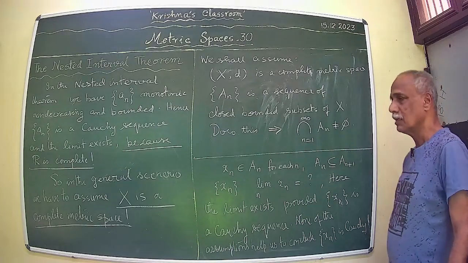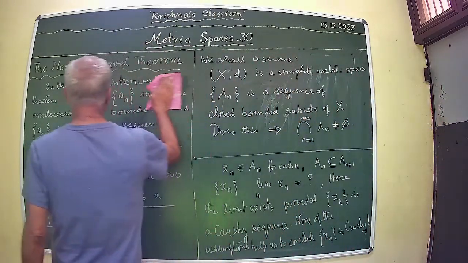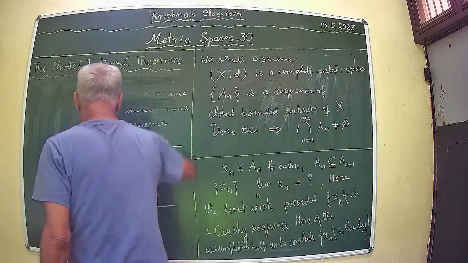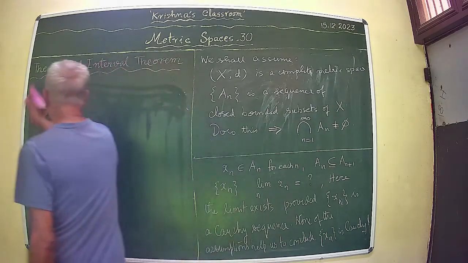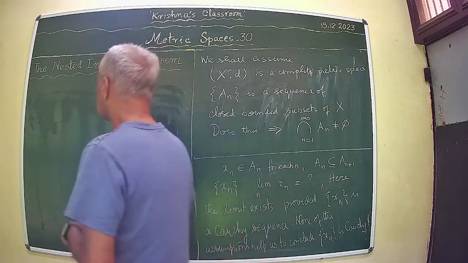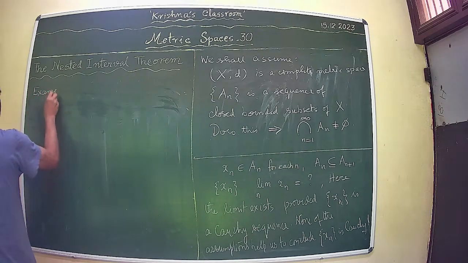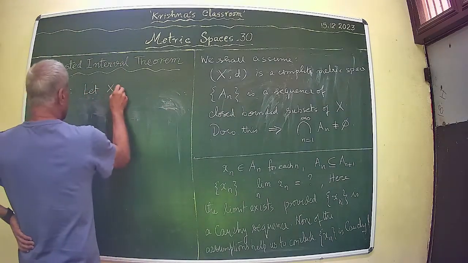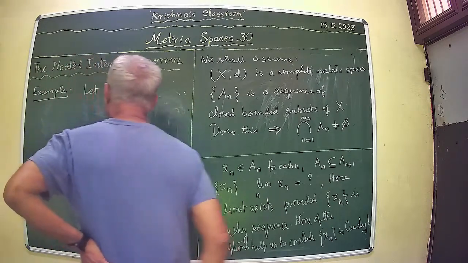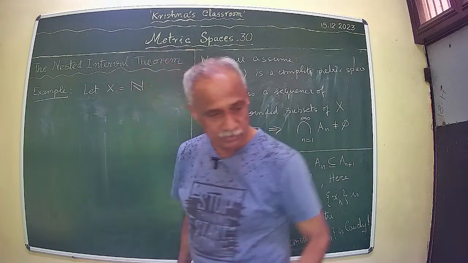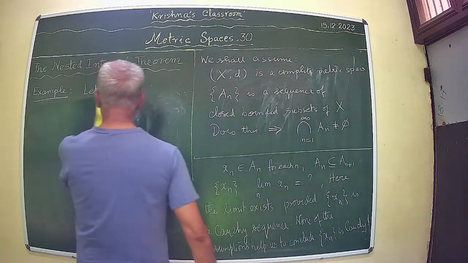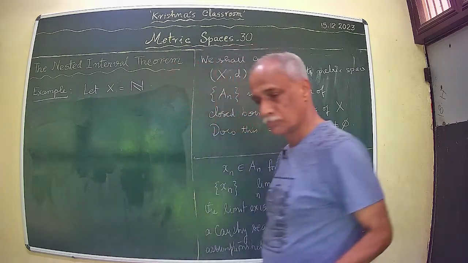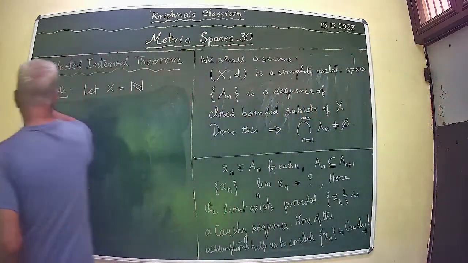Now let us explore an example. Let X be equal to the set of all natural numbers. What is the metric that we are going to use?